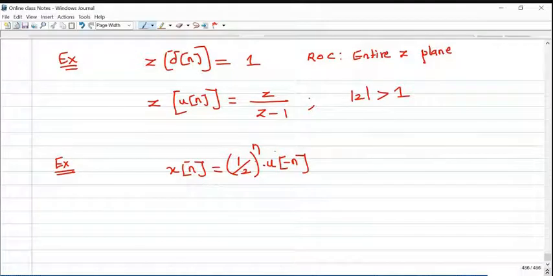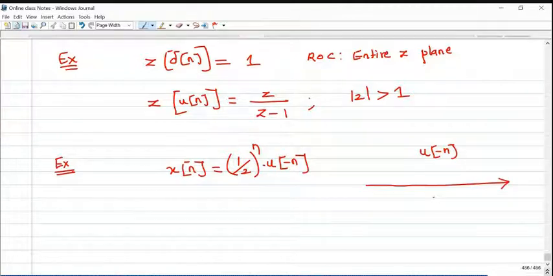We know the a^n u of n formula, but now (1/2)^n u of minus n, so how to solve this problem? u of minus n is nonzero for n equal to 0, minus 1, minus 2, and so on, up to minus infinity, with magnitude 1.